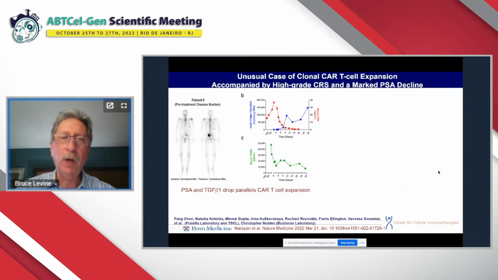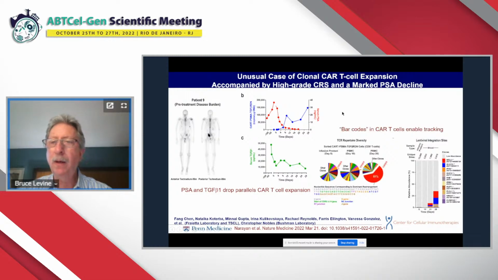And I want to present one patient in particular, and you can see the pretreatment disease burden here on the left. Now, in the middle top, we're looking at the presence of the CAR T PSMA cells, and you can see that dramatic increase that is accompanied by a decrease in serum PSA, or prostate-specific antigen, and also a decrease in the serum TGF-beta.